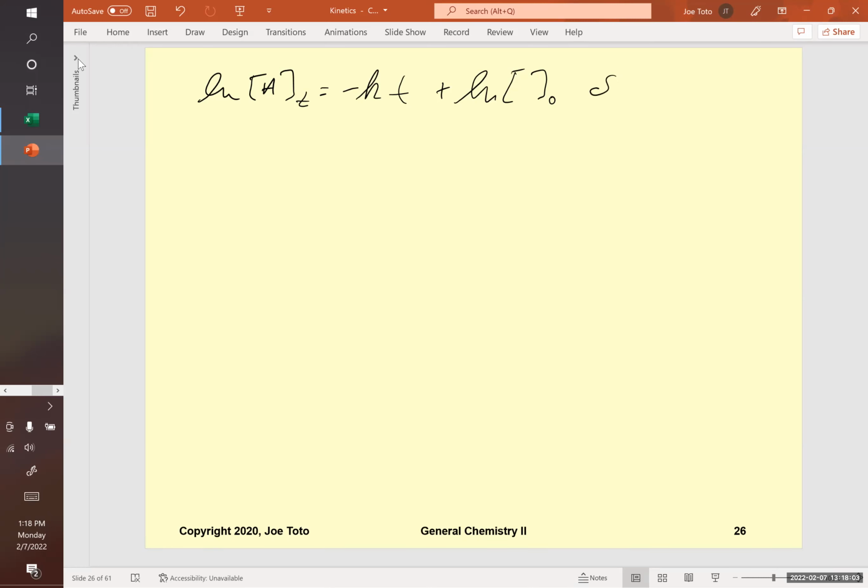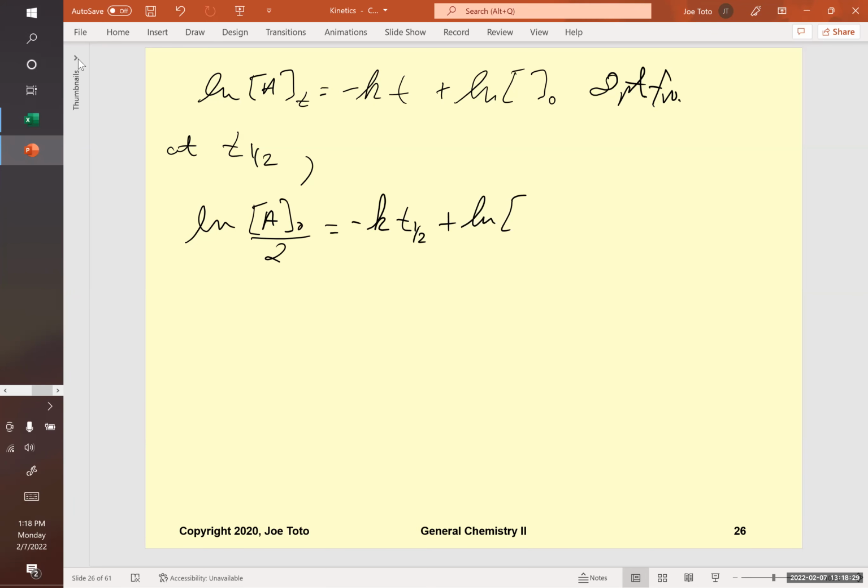So this is an infinite point function. And now I want to do it at t1/2. I have ln concentration of A0 over 2 equals minus k t1/2 plus ln concentration initial.